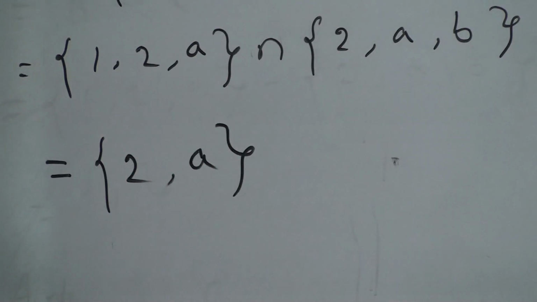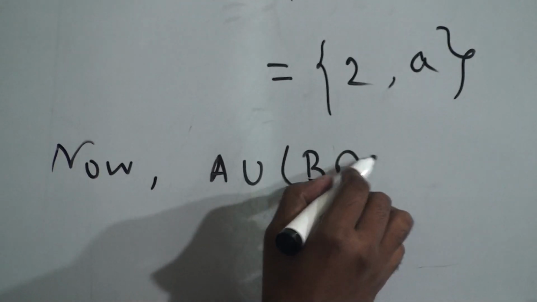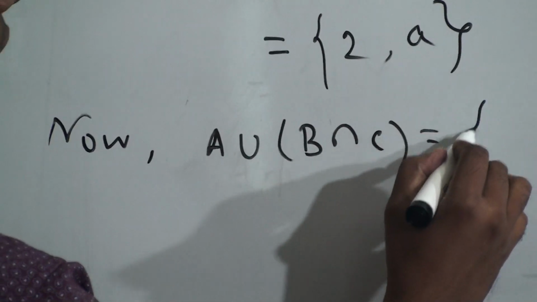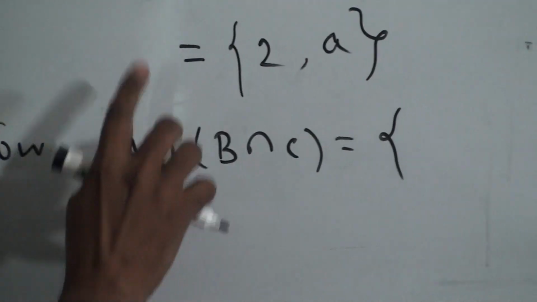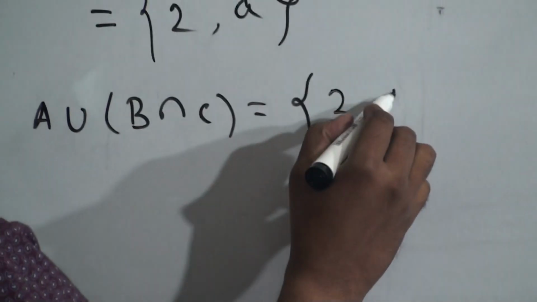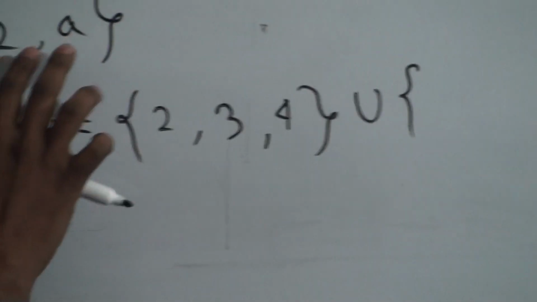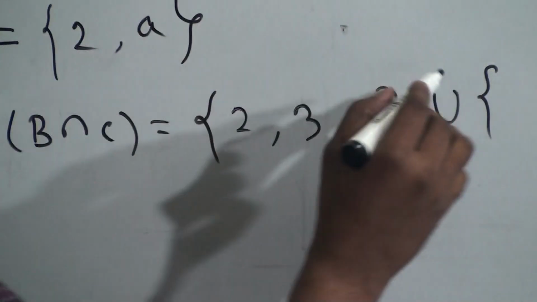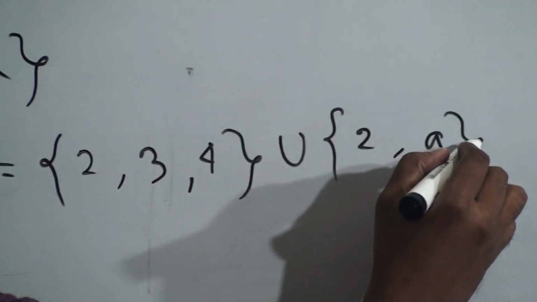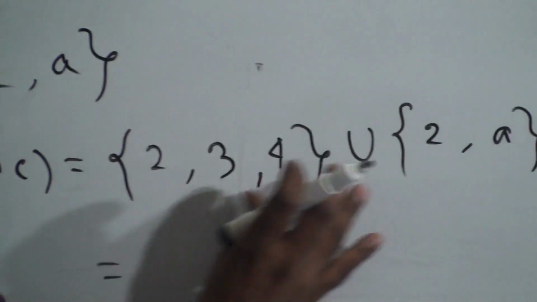Now we will find out the value of A union (B intersection C). At first we will put the value of A here, given that A equal to {2, 3, 4}, union, the value of B intersection C is {2, a}. Now we have to find out the union of these two sets.